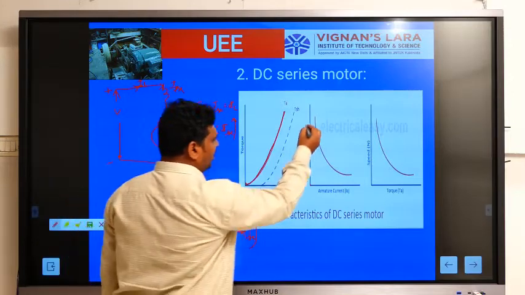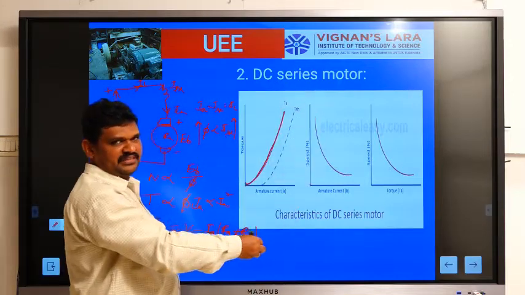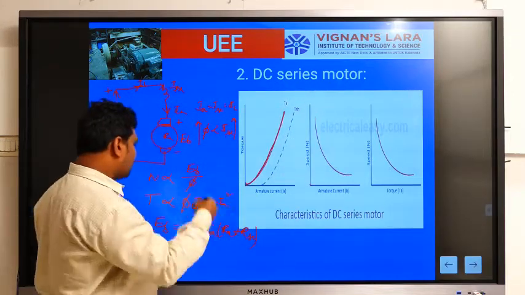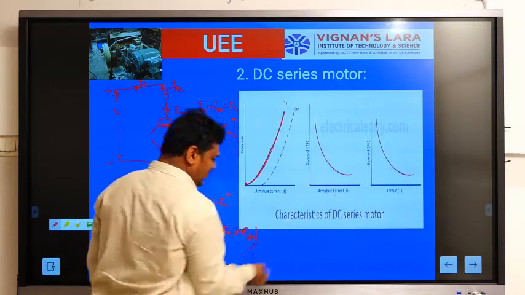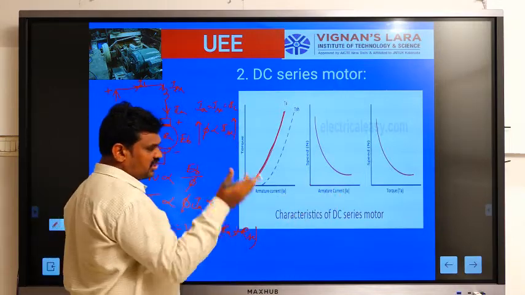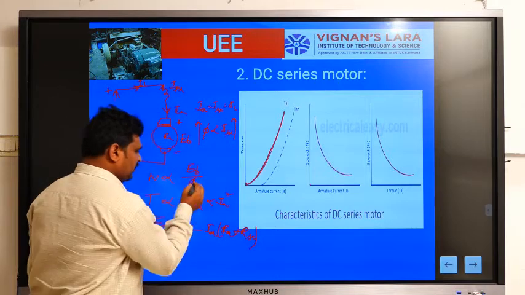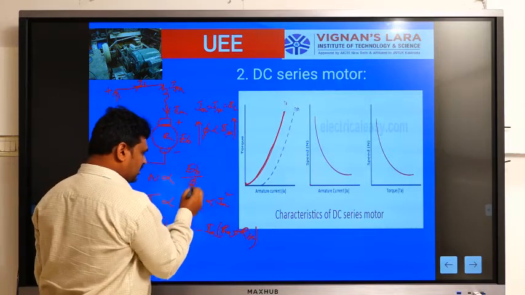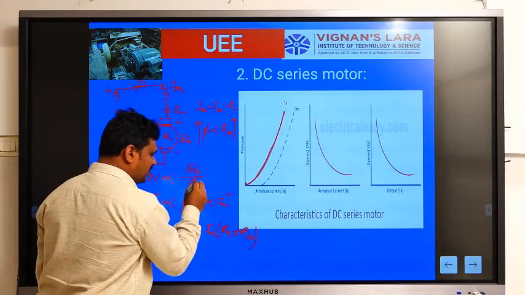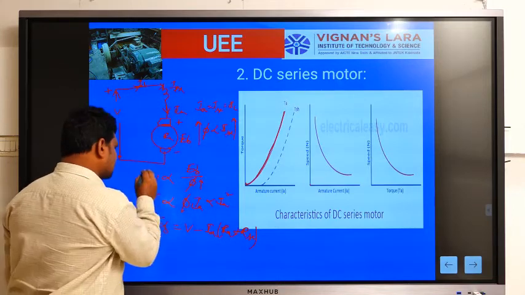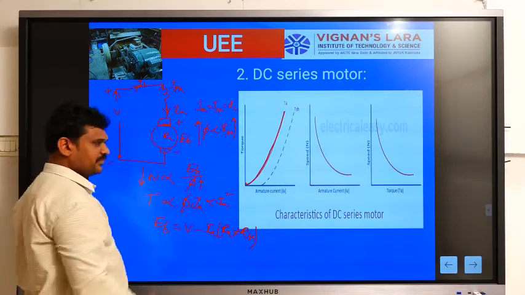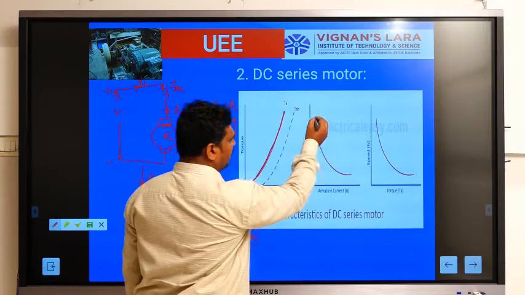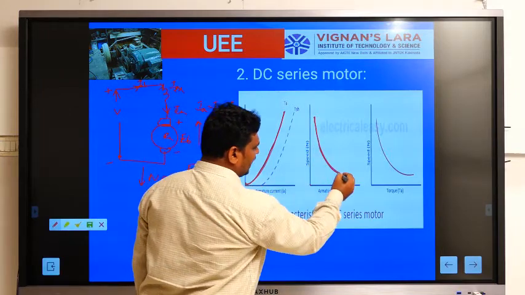So at starting we get a high magnitude of speed. When you increase the load and the armature current, the series flux magnitude increases. When the flux increases, the speed will decrease. So it has the parabolic characteristics.